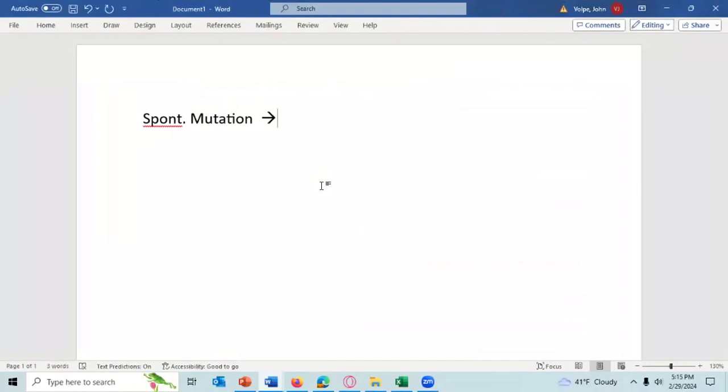The only way it can come into being is by mutation. And mutation will happen about 1 time in 10 to the 6.